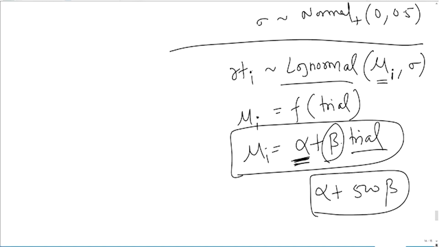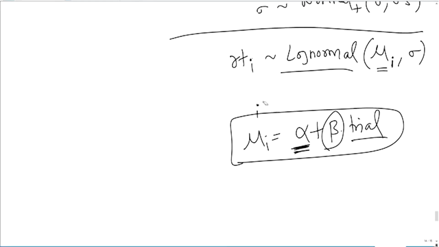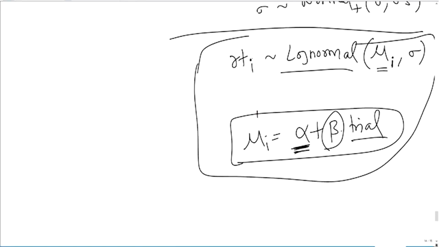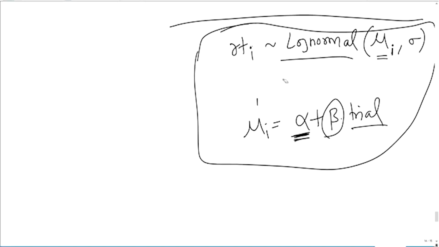So that's the idea. Now this whole thing becomes your likelihood assumption. Your likelihood assumption is not a single line, it has become these two lines. First, RT_i comes from log normal mu_i, sigma, and then mu_i is equal to alpha plus beta into the ith trial ID.